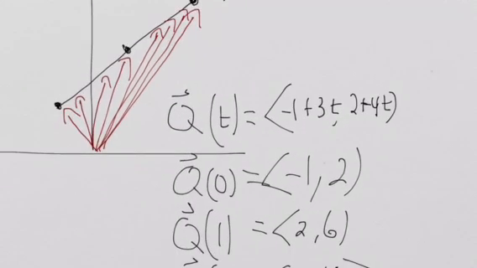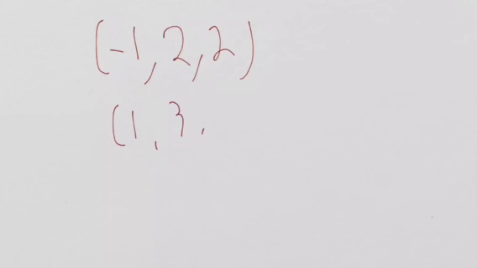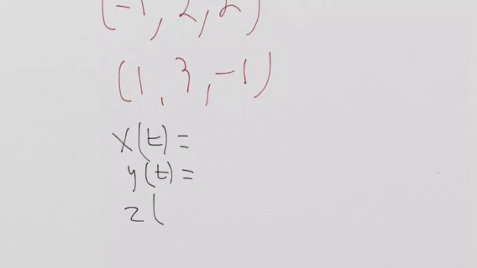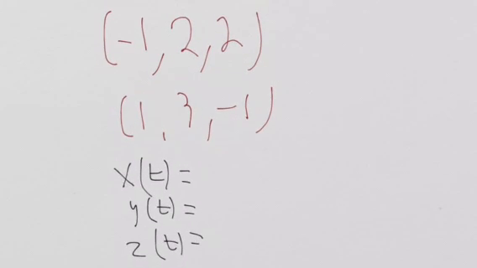So the next thing we did is we extended this to 3-space, and we said we had a point at (-1, 2, 2), and then after 1 second it was at (1, 3, -1). So now we want to write x of t, y of t, and z of t to show the horizontal, vertical, and I guess z components of our object as it moves through 3-dimensional space.